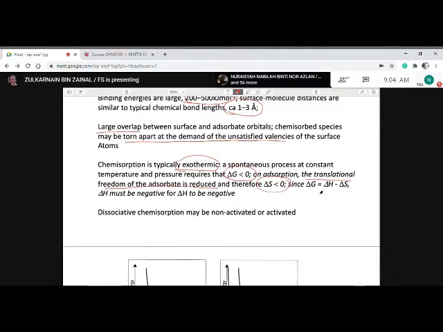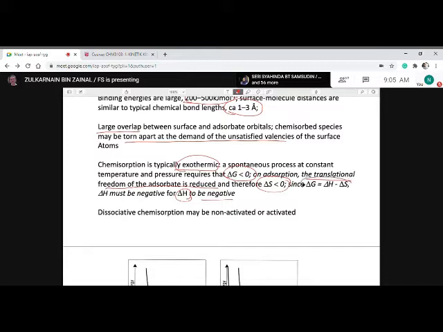Of course, that is clear because before the adsorption it is in the form of gas and also the solid, and when they adsorb on the surface, it has become one. So the adsorbate is on the surface, and of course that is the stage where the entropy is less than the entropy before the adsorption process. So if you try to get the H value, the H value for the process is also negative. They are all negative, right?